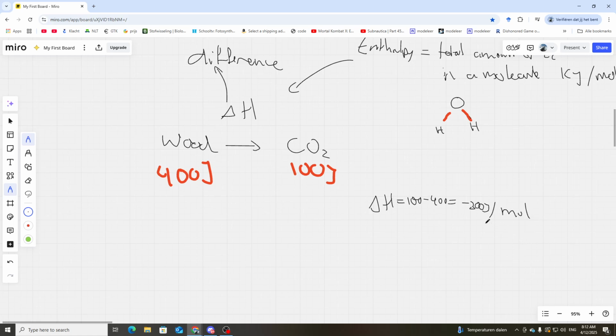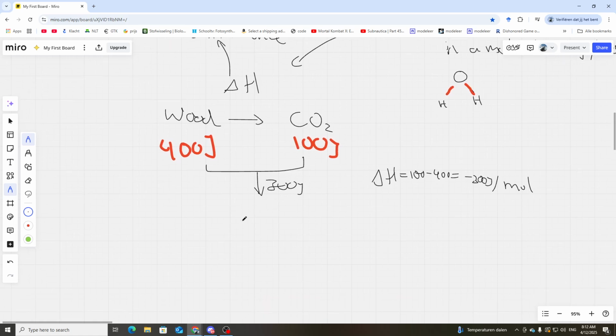Okay? So here we see that there is a difference in the amount of energy within the bonds, but where did that energy go? We have a discrepancy here of 300 joules. What happened to that amount of energy? I hope we connect the dots now that this is then released as heat.